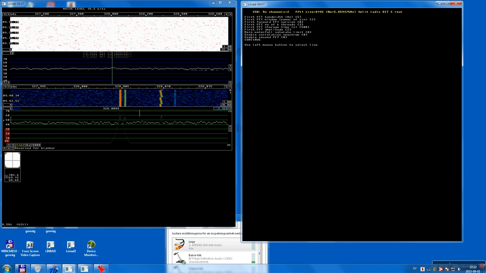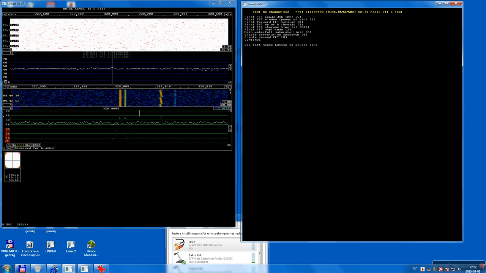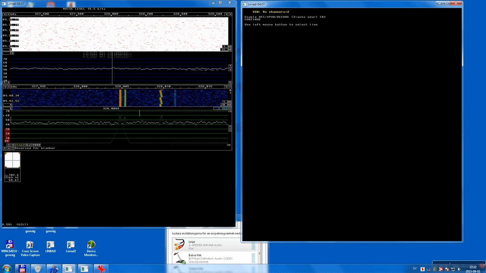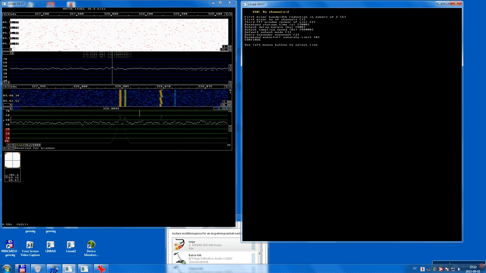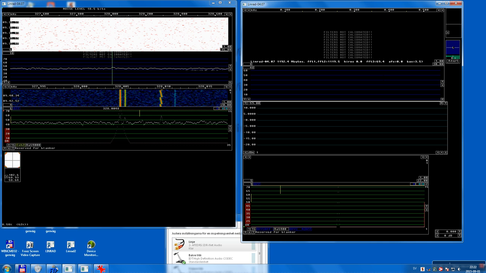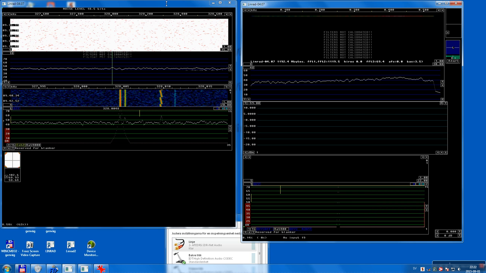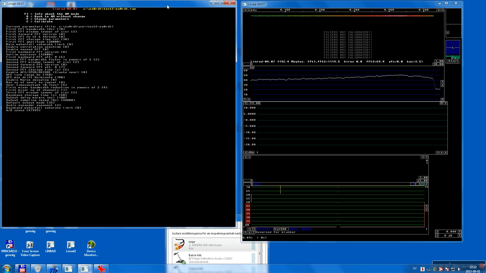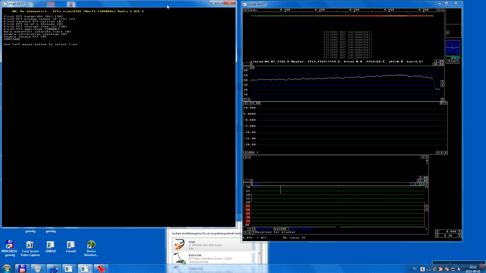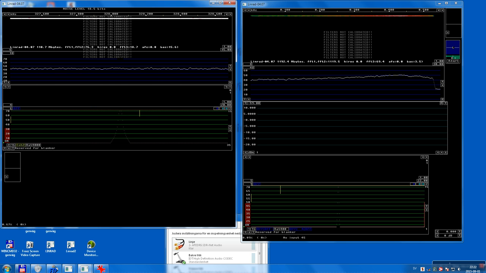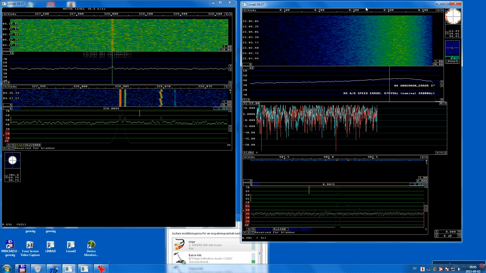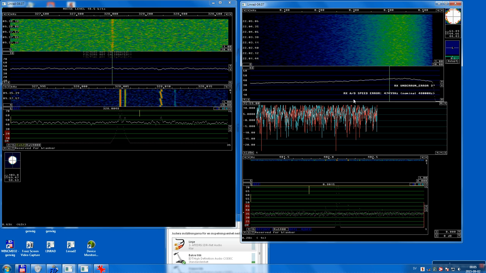Here are the processing parameters for the second instance of Linrad. And for the first one, you can see here I have now set a 4 times narrower bandwidth in the second instance of Linrad.